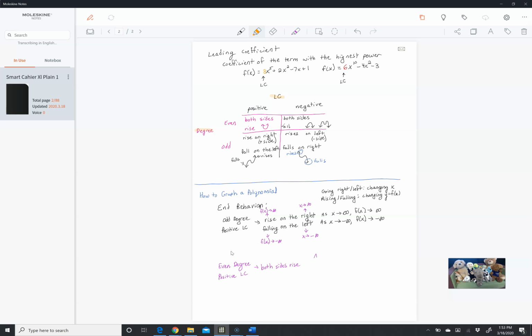So here again, we're talking about as x approaches infinity. And since it rises as x approaches infinity, we say f of x approaches infinity. And here, as x approaches negative infinity, meaning as we go to the left, f of x also approaches infinity. So that's even degree and positive leading coefficient.